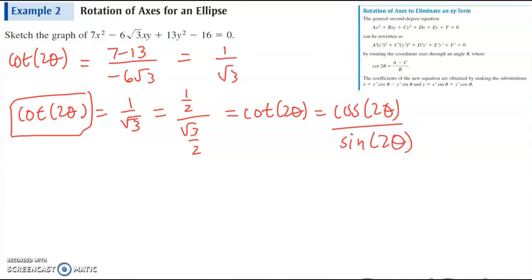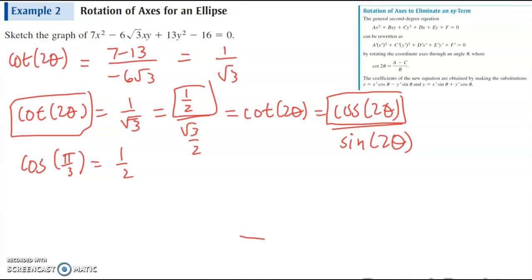Well, it says, when is cosine equal to 1/2 on the unit circle? You go to the unit circle, you locate the x value of 1/2, and it turns out that cosine is 1/2 when theta equals pi over 3. In other words, cosine of pi over 3 is 1/2, so that's what we need.